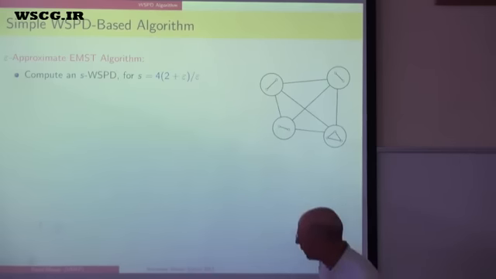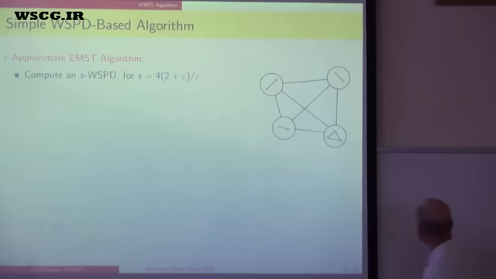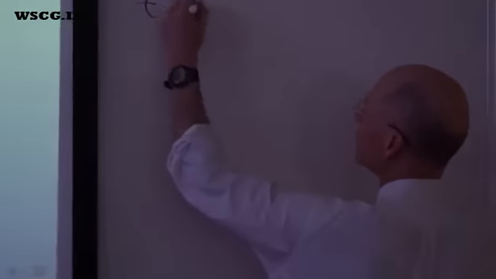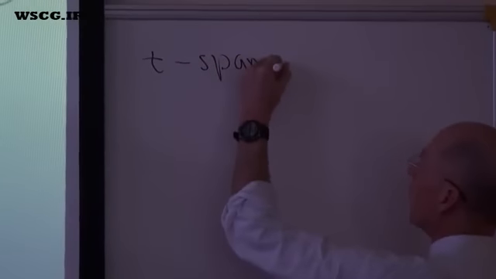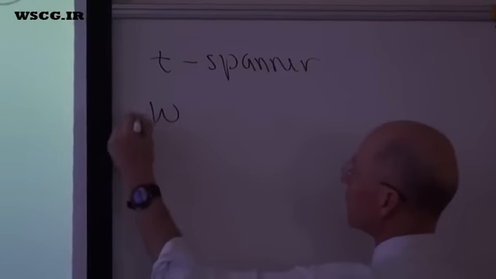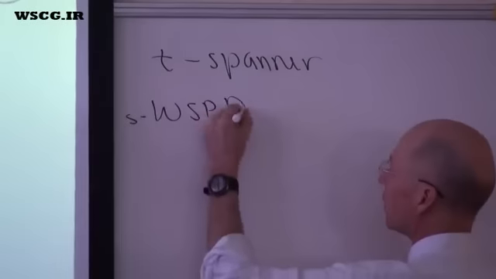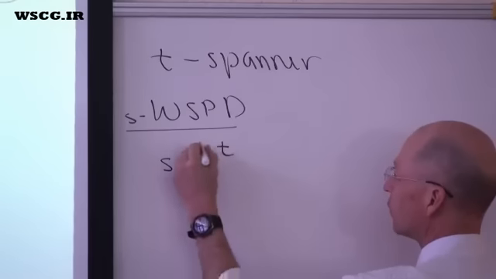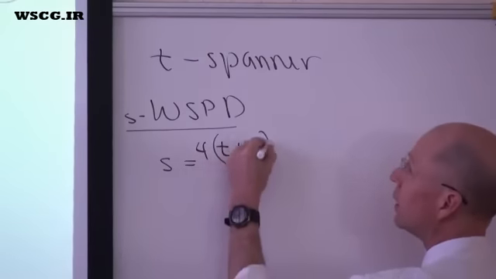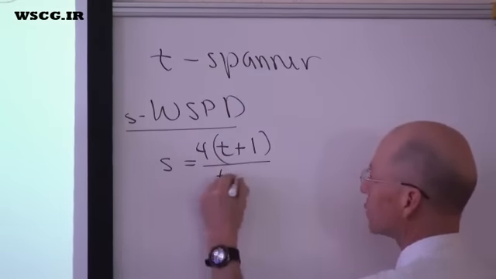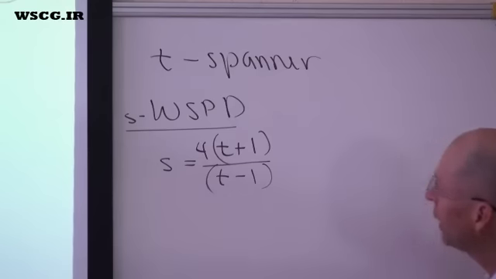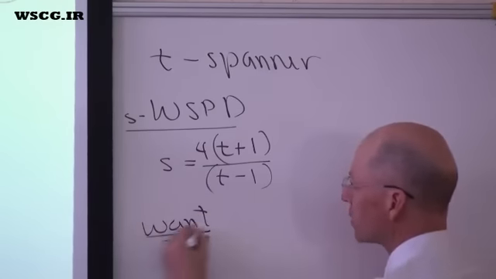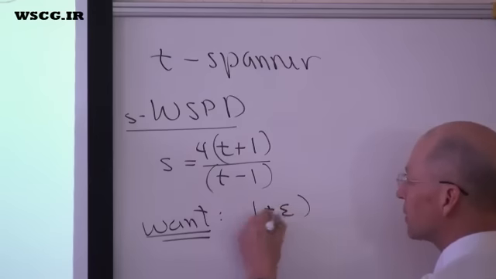Well, the justification is as follows. Remember from last time that if you want to construct a t-spanner, you build an s-well-separated pair decomposition where s was equal to 4 times (t plus 1) divided by (t minus 1). Okay? And in this context, what we're going to want is to compute a 1 plus epsilon spanner.